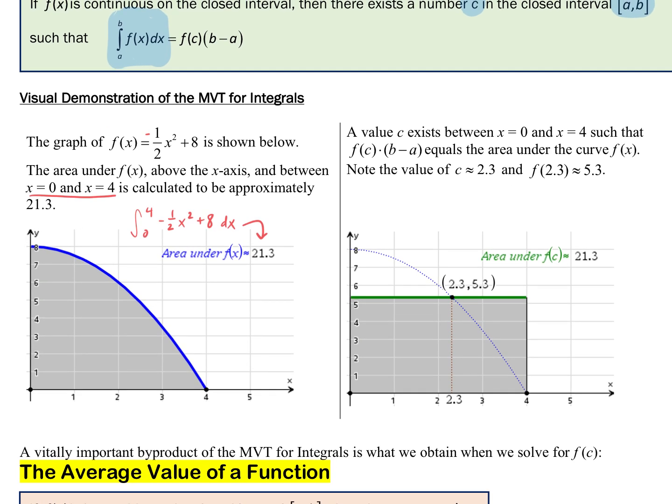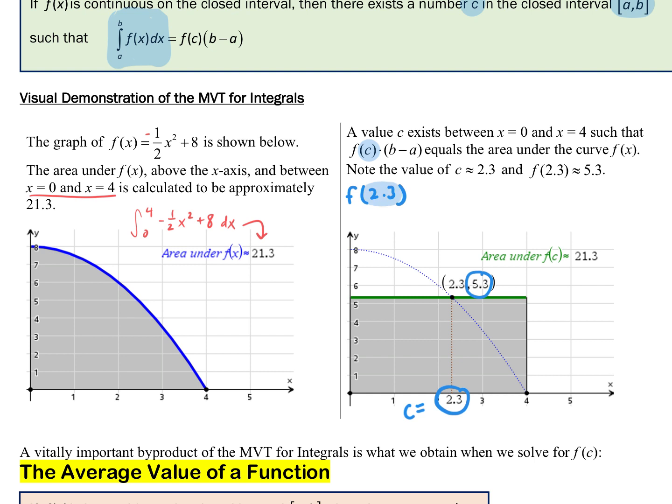Okay, so now the mean value theorem of an integral tells us that this area underneath the curve is the exact area, right? But the mean value theorem says that there's going to be a value c. So down here, it's this value, 2.3, where the y value, which is 5.3, times b minus a is going to equal that same area underneath the curve. So again, f of 2.3, that's my c value.